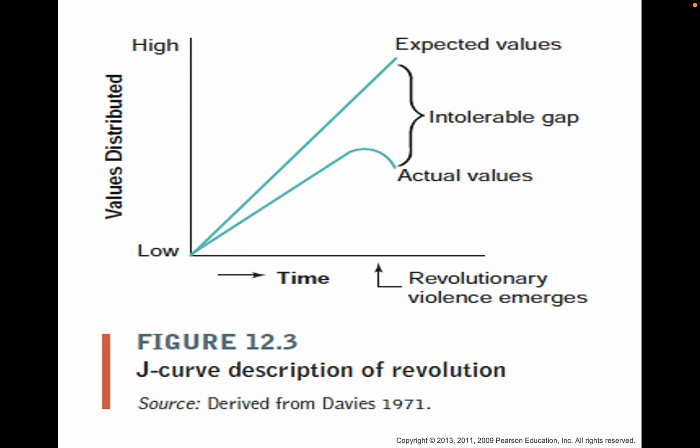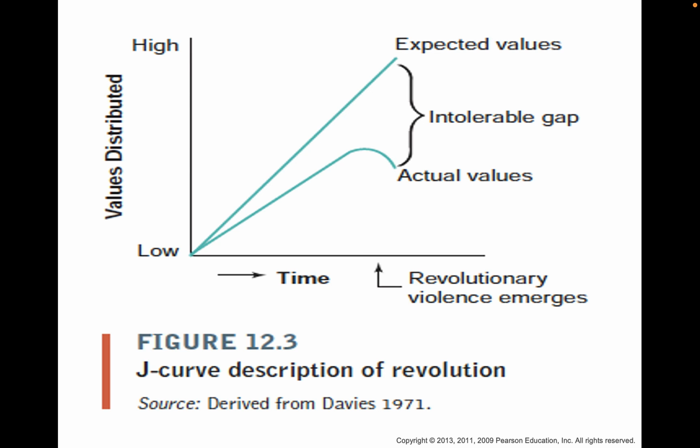So we have a view that our values or our situation are going to get better, and if they don't, then we are probably slipping into aspects of a revolution, right?